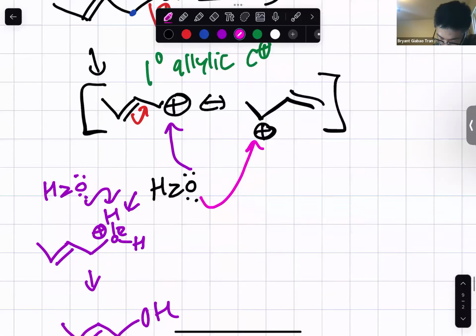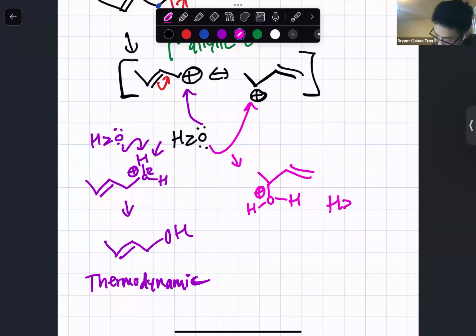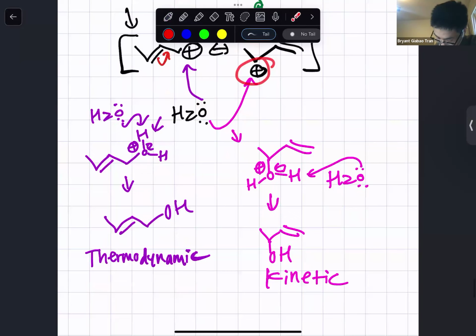Now, if we look at the pink arrow, when the water attacked that carbocation, we get this intermediate. We could neutralize that by bringing in another water and give us this kinetic product. This is kinetic product because it came from the more stable intermediate.